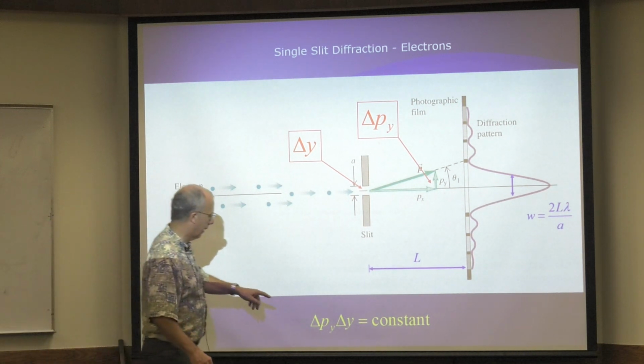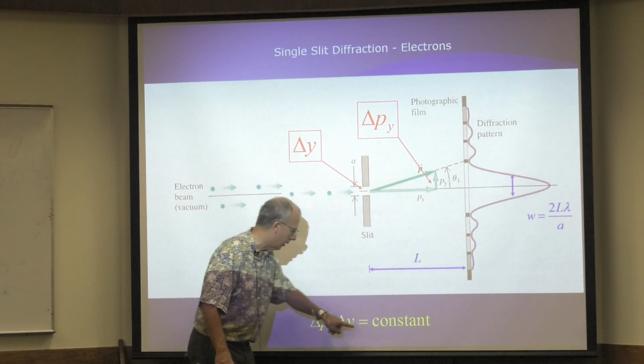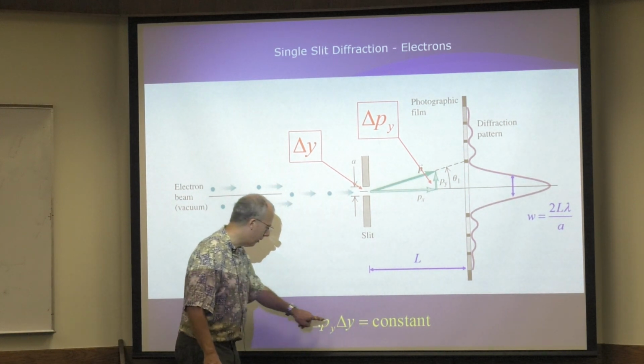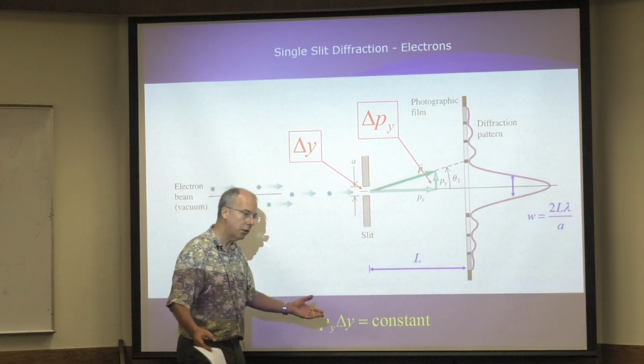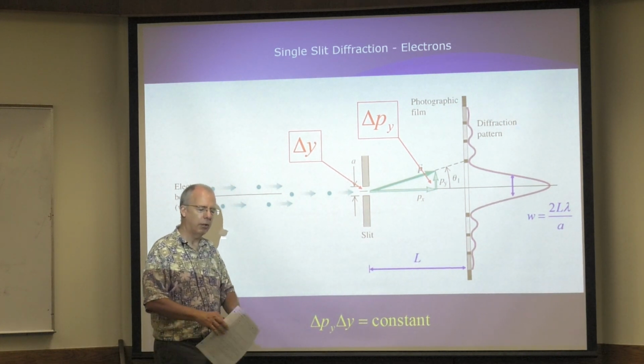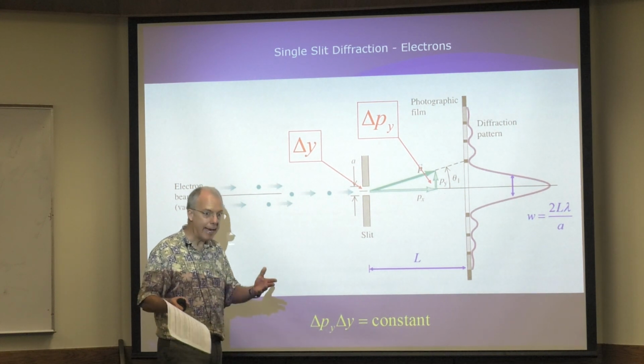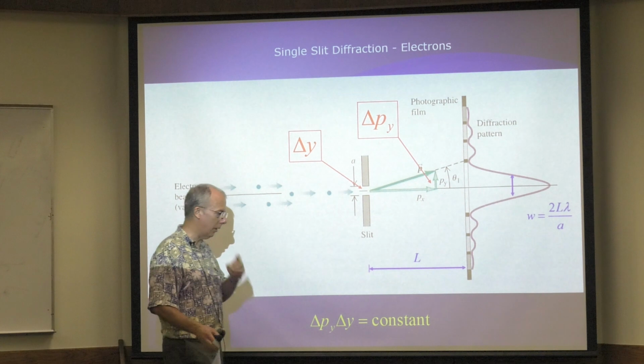All right? So delta py times delta y is a constant. This gets bigger, that gets smaller. This gets smaller, that gets bigger. You're stuck. It has nothing to do with your computer, your equipment, your brains, anything. It's life. It's nature. It's a fundamental uncertainty.